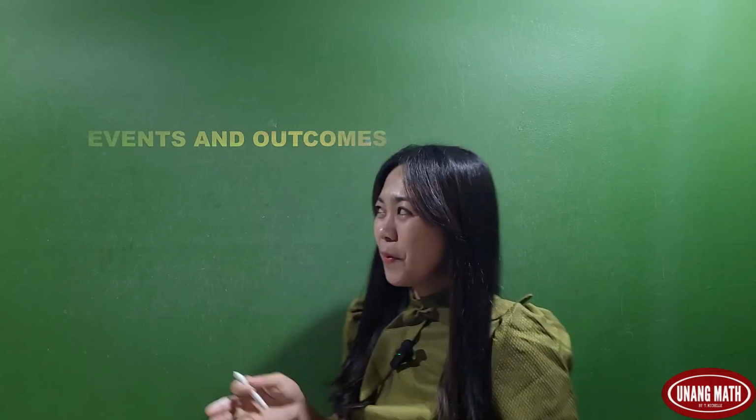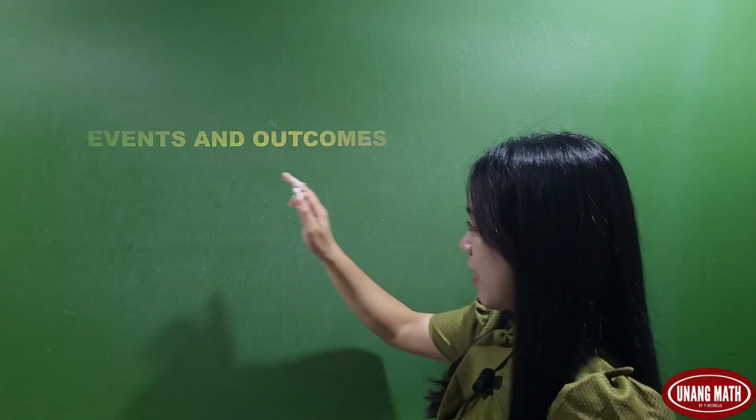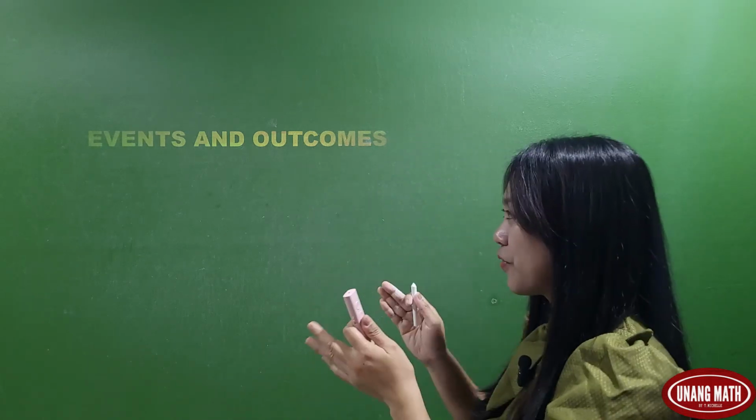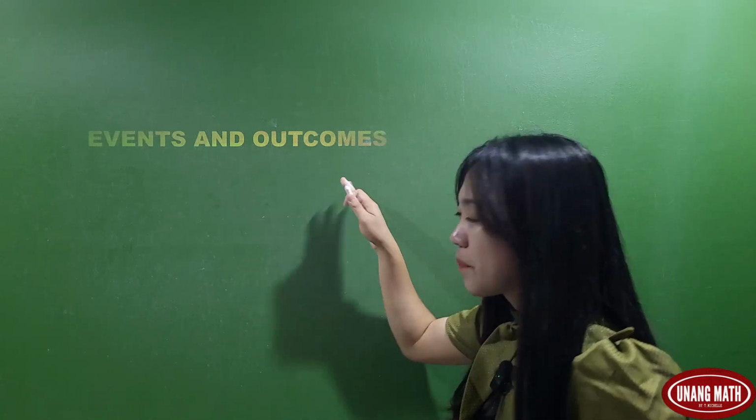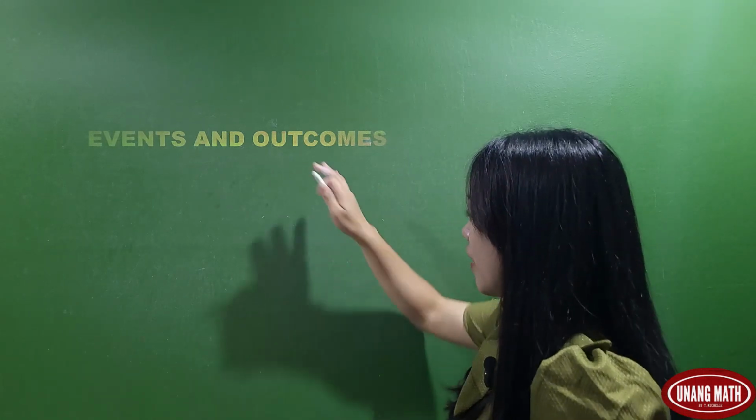In this episode, I will be discussing this lesson about events and outcomes. These concepts are essential in understanding the lesson about probability. So before we go to that lesson, you have to understand these concepts first.